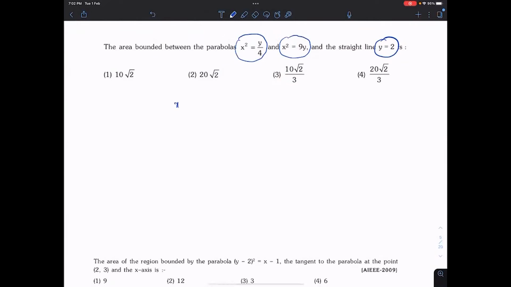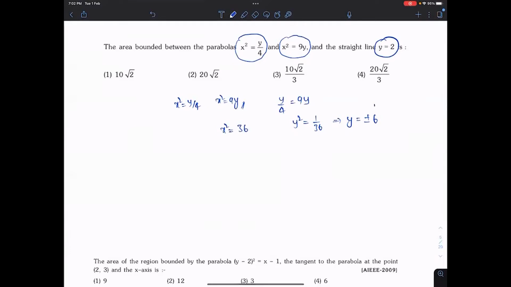How do we solve these two? x square is y by 4. x square is 9y. To solve, let us equate y by 4 and 9y. y square is equal to 1 by 36, which implies y is equal to plus or minus 6. So if you put y equal to 6, then x square is equal to 36.